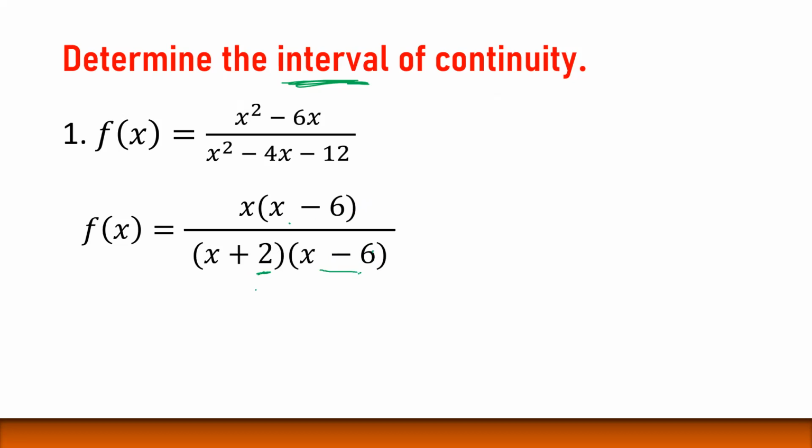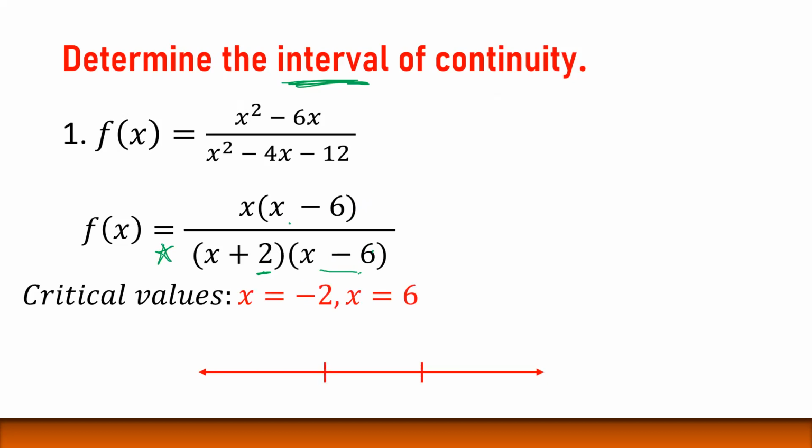Okay? Pero si negative 2, meron tayong masasabi infinite discontinuity later, no? Pero dito tayo magpo-focus kay denominator. Okay? So, we have the critical values negative 2 and positive 6. Yan, sila na lang yung ating magiging points of discontinuity. Kasi whether at x equals 6, kahit ba removable yung discontinuity natin dito, discontinuity pa rin siya. Okay? So, negative 2 and 6.